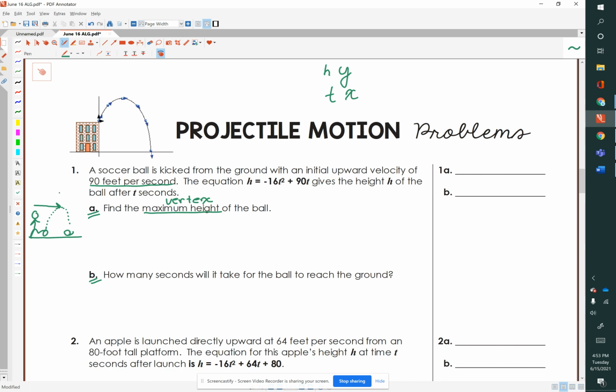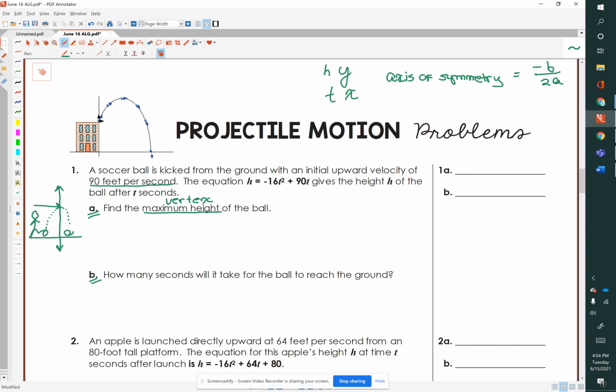In order to find the vertex, the first thing we're going to need is the axis of symmetry. Remember that? So we're going to use the formula negative b divided by 2a. So we're going to find the axis of symmetry. Negative b divided by 2 times a.